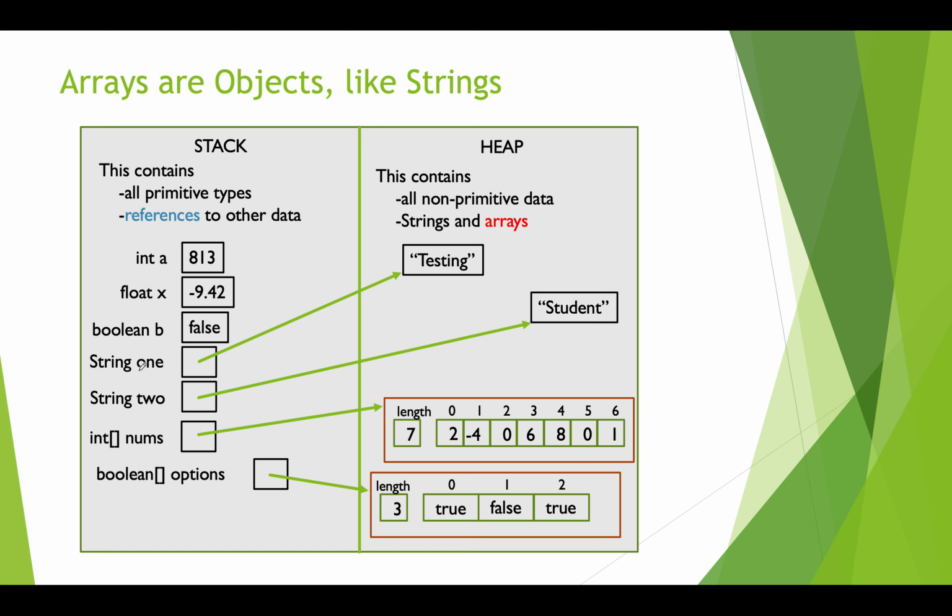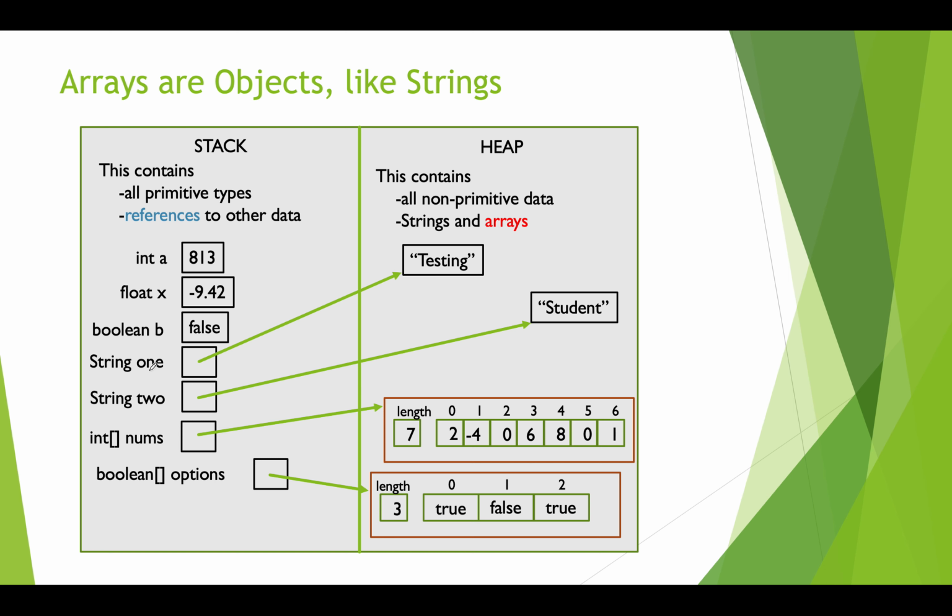Here we have a String reference variable called 1 and a String reference variable called 2, and there are memory addresses in here that point to things on the heap. Over here is our String object that contains testing, and over here we have our String object student. Each reference contains the memory address of where its object is stored on the heap.